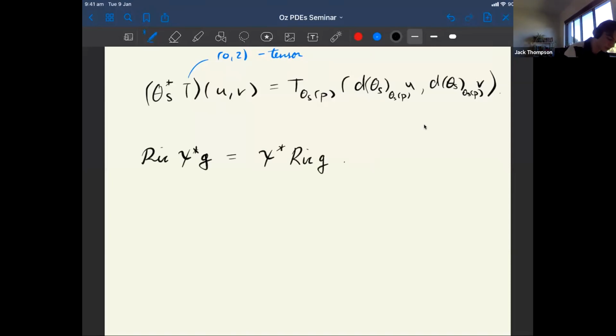So Ricci curvature satisfies this property, where phi here is a map from M to M, and we'll say it's a diffeomorphism.